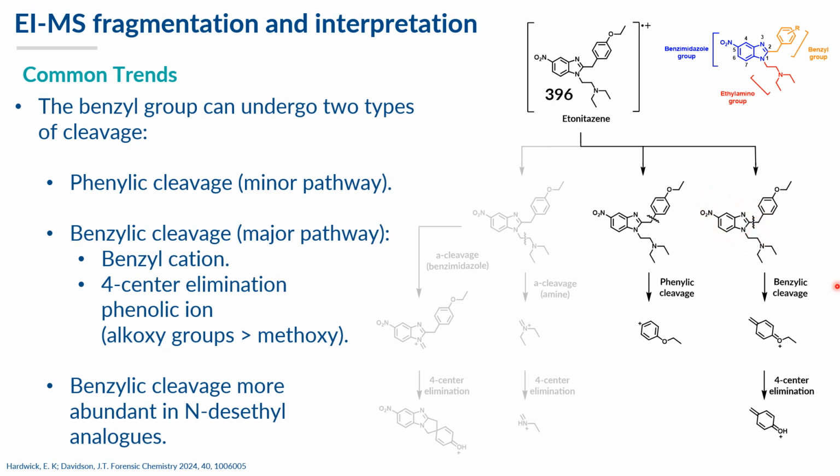This benzylic cleavage leads to this benzylic ion, and benzylic cleavage is more abundant in N-diethyl analogs, but we'll talk about that a little bit later. Benzyl groups with alkoxy chains that are longer than methyl can undergo benzylic cleavage and then undergo a further 4-center elimination to form this phenolic cation. And because of the pharmacological properties of these compounds, we assume that the substituent is on the para position of the benzyl group initially.